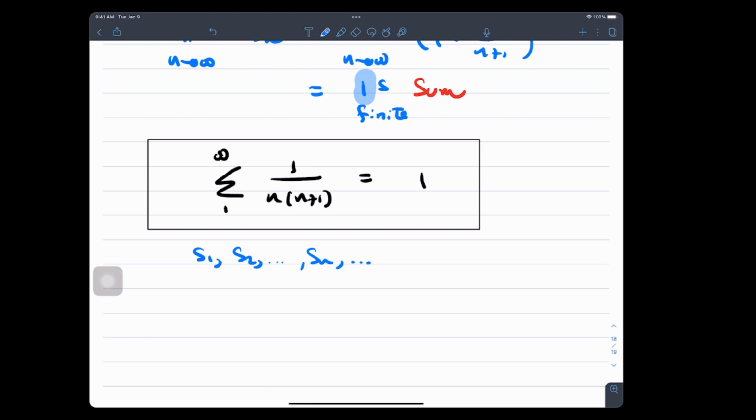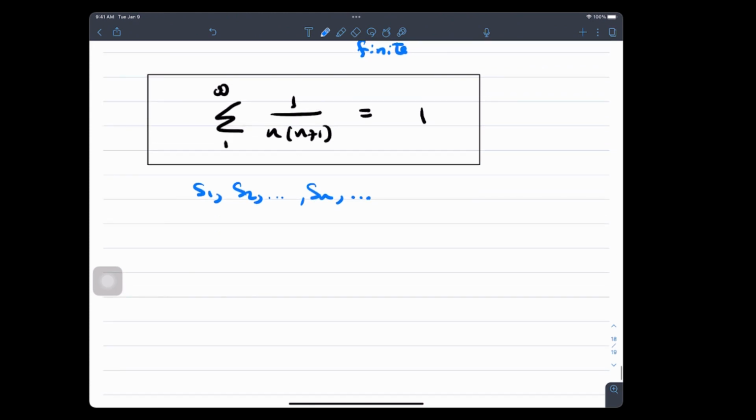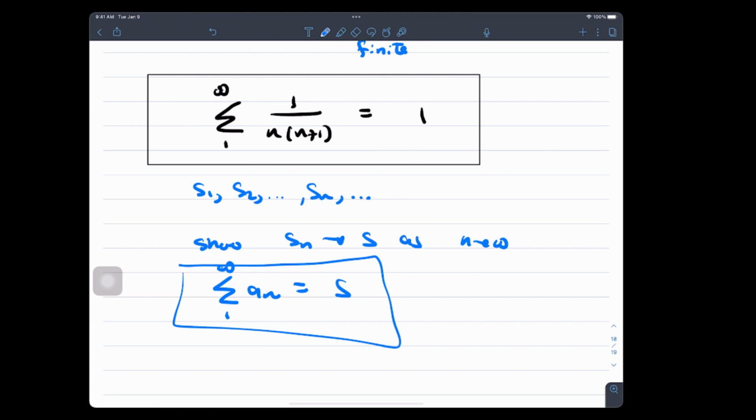This is now, you don't have just n terms. You have more than n. That goes on forever. But if you can show that Sn goes to S as n goes to infinity, then that means, again, that this thing equals S. It's finite.